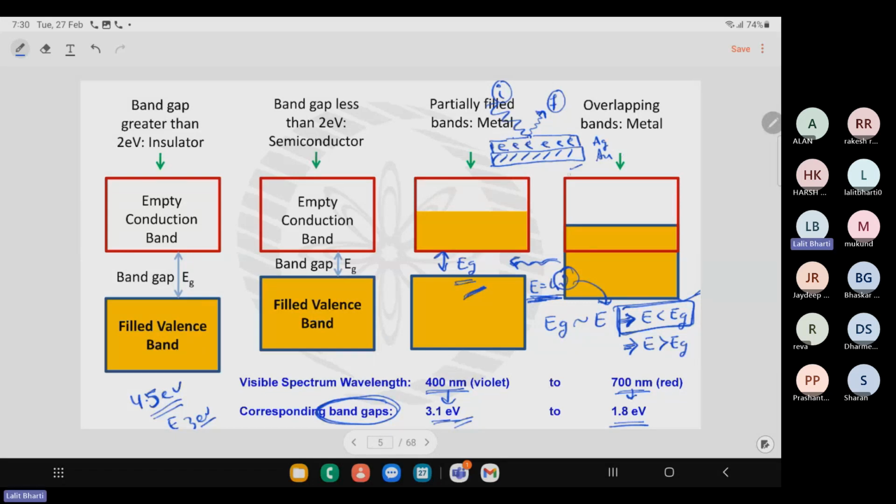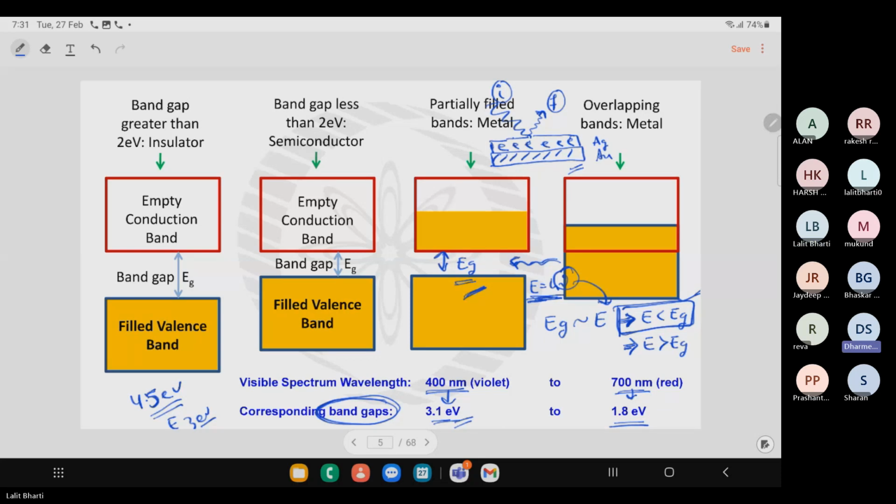But the concept is different here. There we don't talk about the band gap. We talk about the layer of charges, basically electrons. Okay, so you can see in detail why the metals are shiny. If you cover that question, you will understand it properly.